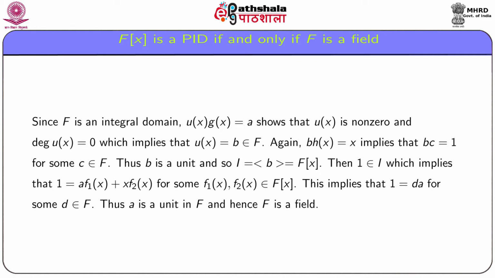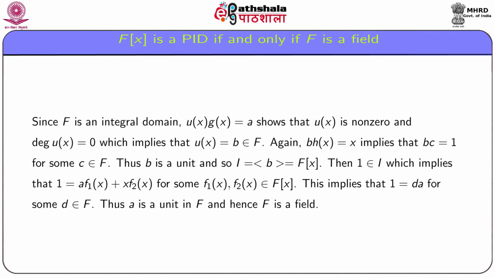In other words, u(x) is equal to some b in F, which implies that b h(x) is equal to x. If we compare the coefficient of x in this identity, we get some c such that b c equal to 1, where c belongs to F. Thus, b becomes a unit, and note that b is actually the generator u(x) of I. So, I becomes the whole ring F[x], and thus 1 belongs to I, which implies that 1 must be expressed as a combination of a and x, that is 1 is equal to a f1(x) plus x f2(x).